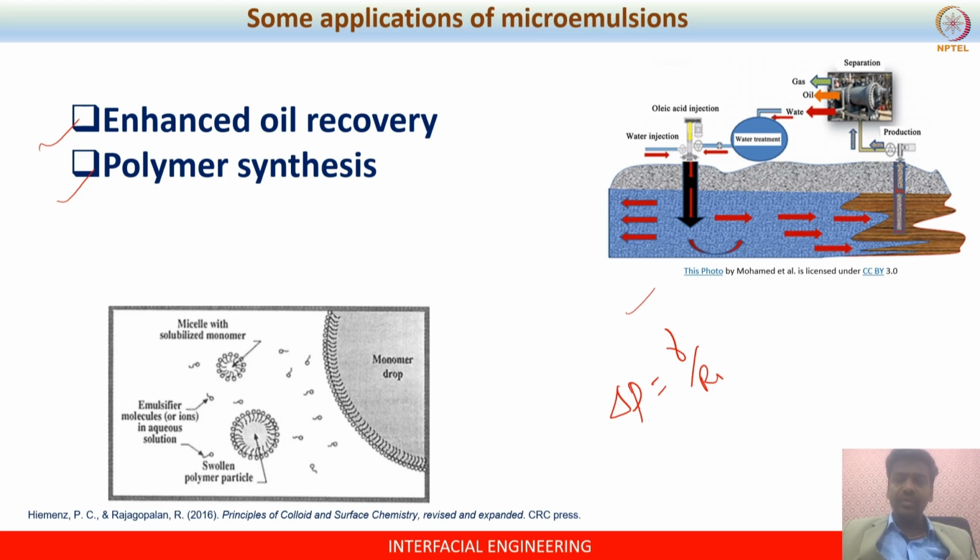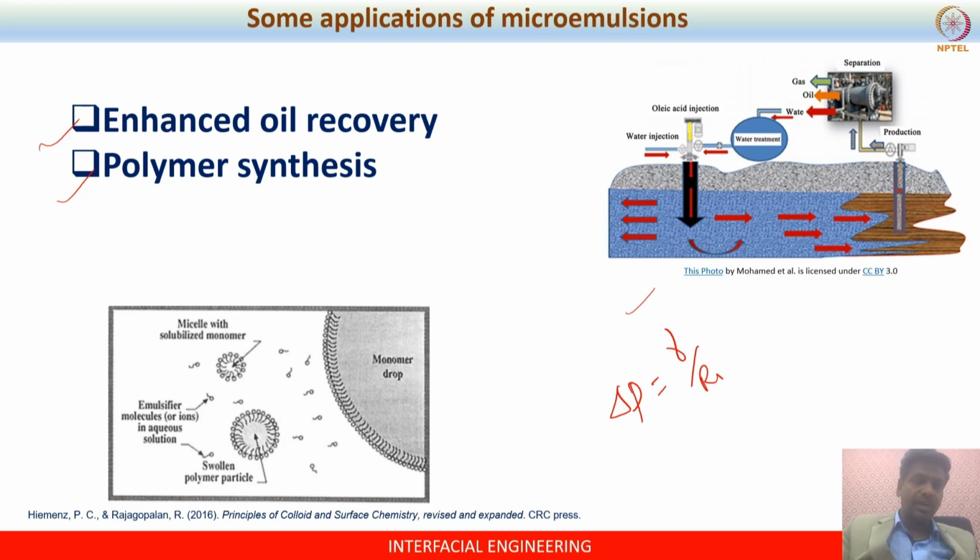So it is easy to visualize the flow condition across such very small channels, and the oil can be easily extracted from the porous network structures. By utilizing microemulsion, we can effectively remove the oil from the reservoir.